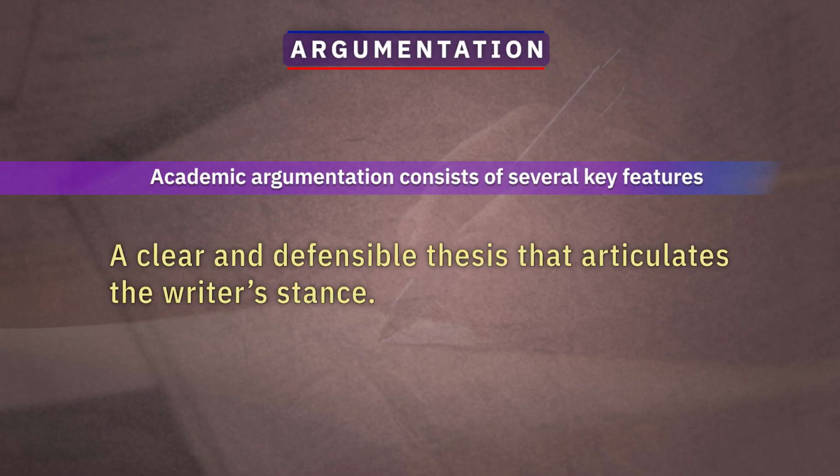When writing an argument, one must keep in mind that there has to be a defensible thesis, a clear and defensible thesis that articulates the writer's stance or the writer's viewpoint. If I am writing an academic answer or an academic article, I must keep in mind that there is a clear and a defensible thesis that I will present, and it will articulate my point of view or my stance.